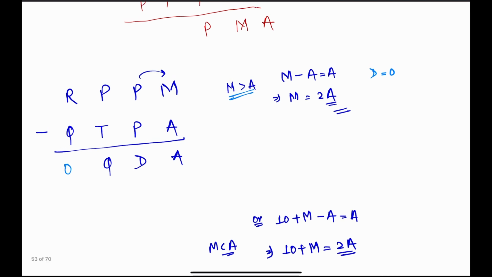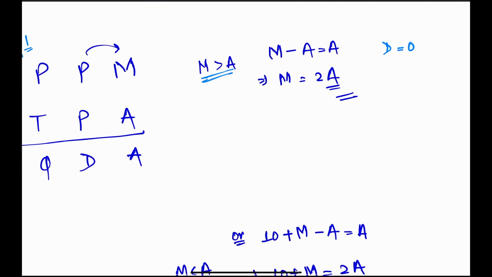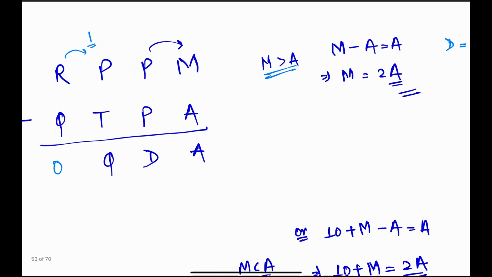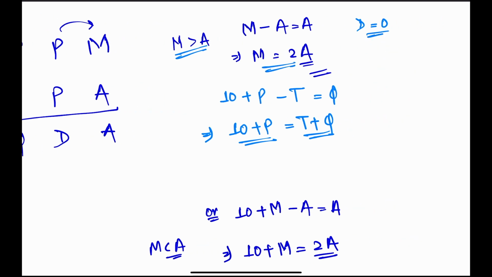But what might have happened is that R is giving 1 as carry, and then one more equation is going to form, that is 10 plus R minus Q, 10 plus P minus T equal to Q. Either way I can write 10 plus P equal to T plus Q. This is one, this is second, and this is the third.